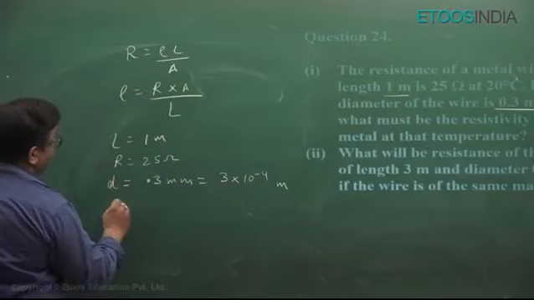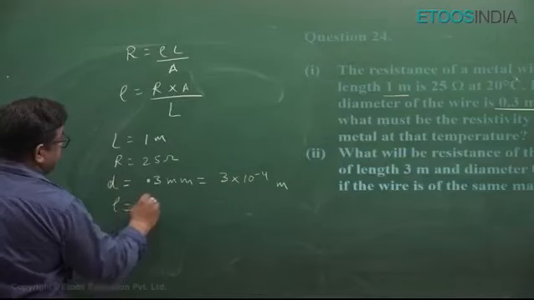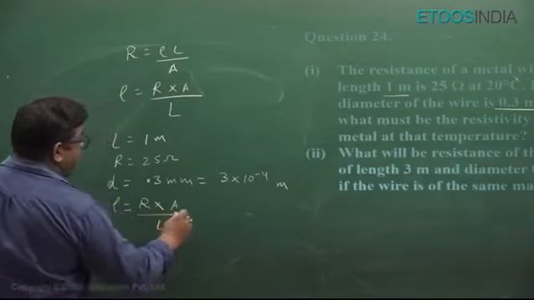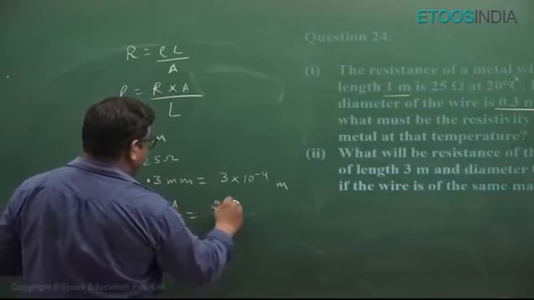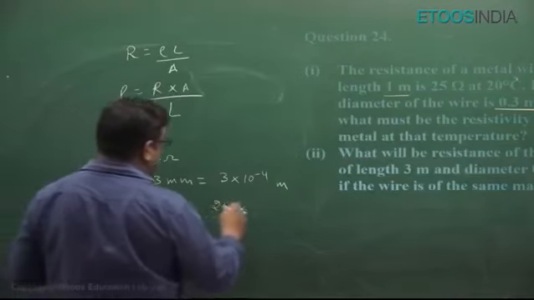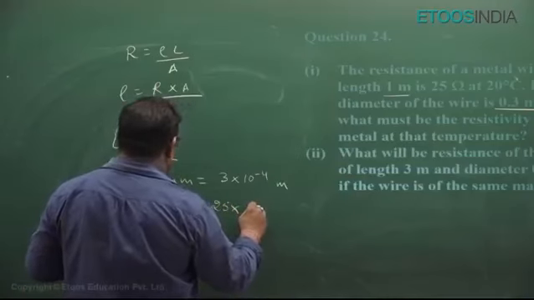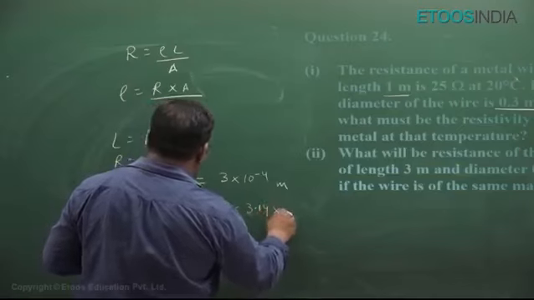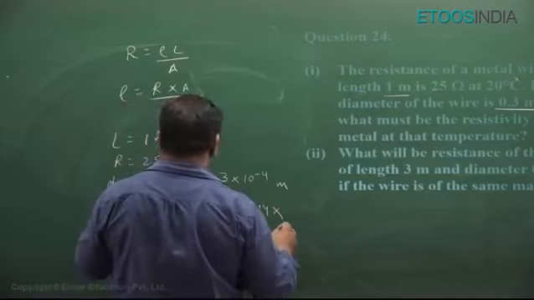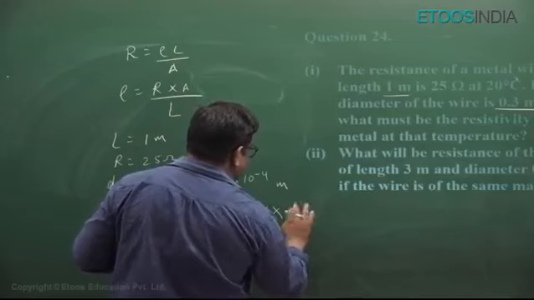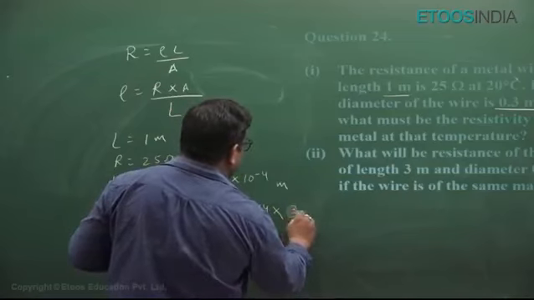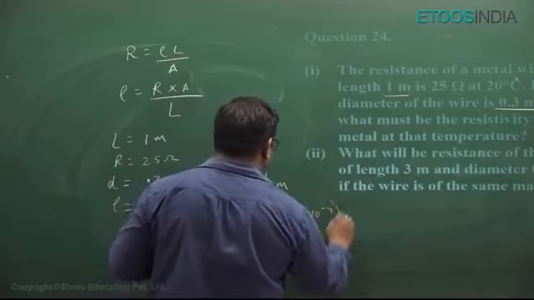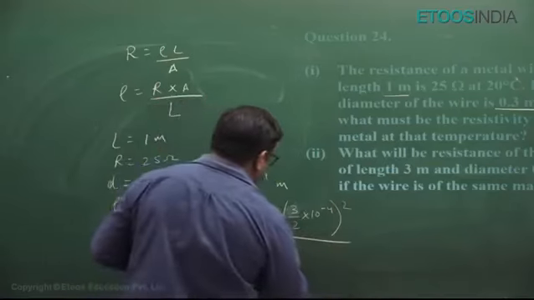Now I'll put this formula, that is rho is equal to R into A upon L. We know that the value of R is 25 and the area of cross section is pi r square. So I'll write 3.14 into the radius. We know that it is d by 2, so it will be 3 upon 2 into 10 raised to power minus 4, whole square, divided by 1.